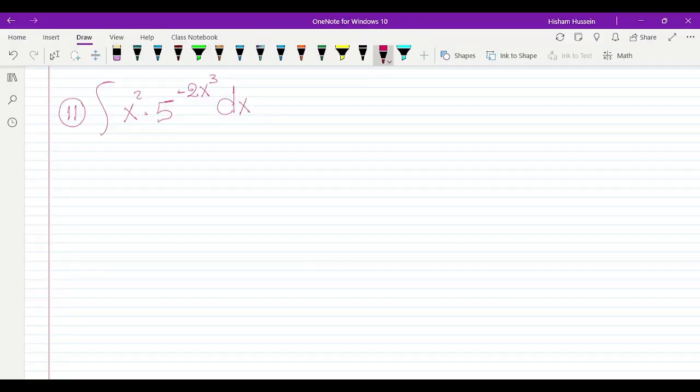Here we have a product of two functions, x squared times 5 with the exponent negative 2x to the power 3. By rearranging these factors, we can write this as 5 to the power negative 2x cubed times x squared dx. So we have an exponential function with the exponent negative 2x cubed, and we need the derivative of this exponent.